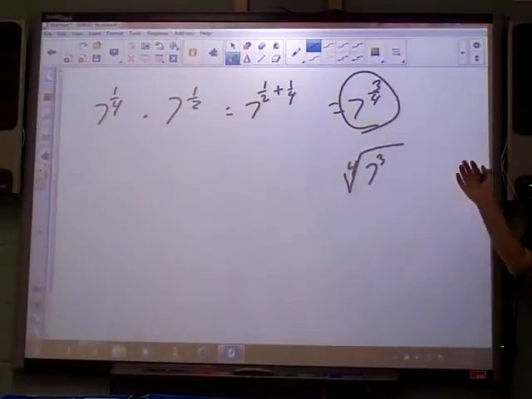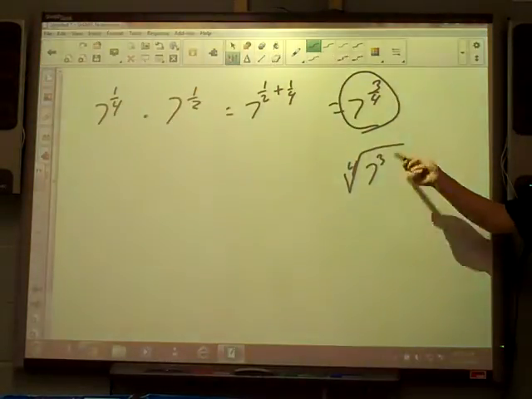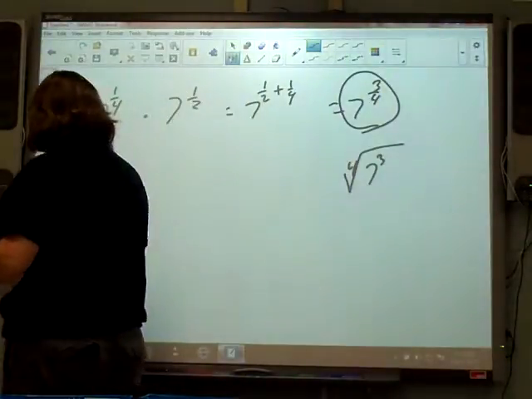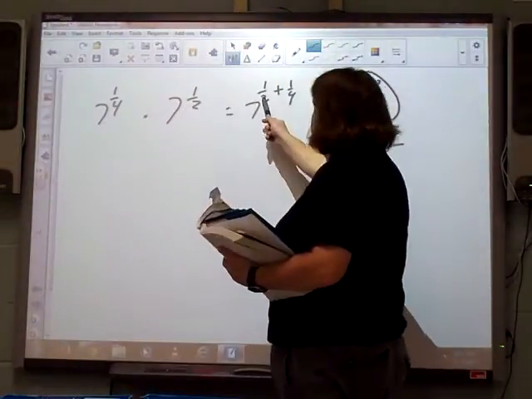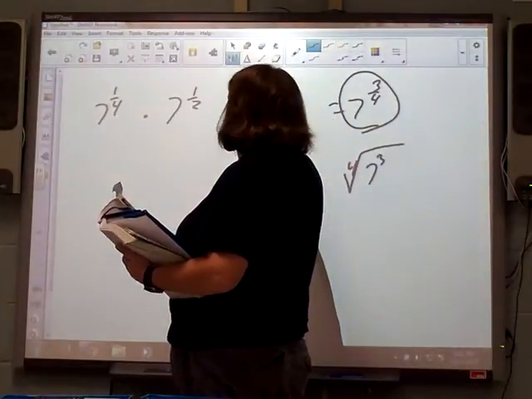If it equals a decimal, that's your answer. Right, because remember, this is power over root. I was just checking it to see. So where did you get the 7 to the 3/4 at? You just added my powers. That was your power rule.